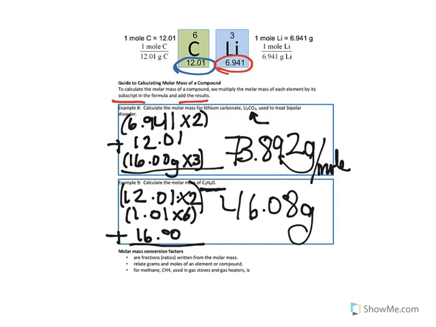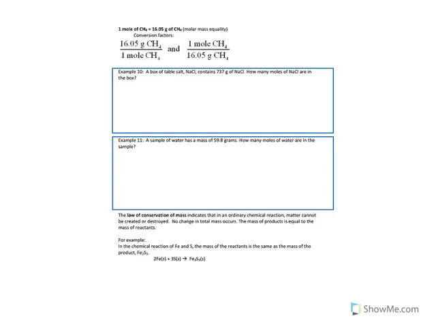Molar mass conversion factors are ratios or fractions written from the molar mass. They relate grams and moles of an element or compound. For methane, CH4, used in gas stoves and gas heaters, 1 mole of CH4 weighs 16.05 grams. This comes from what we just did.